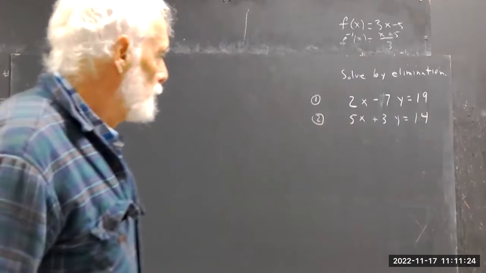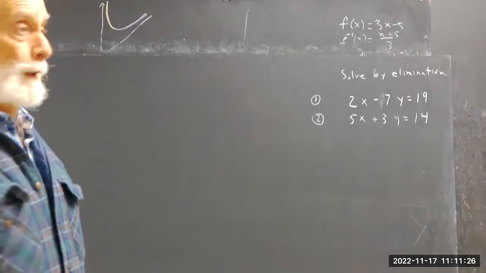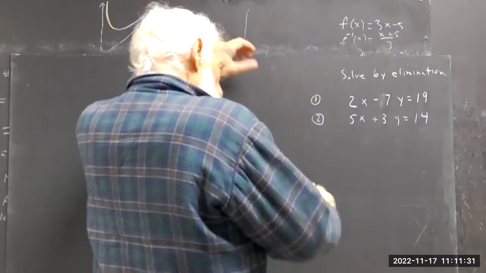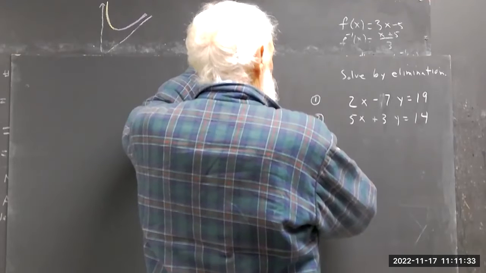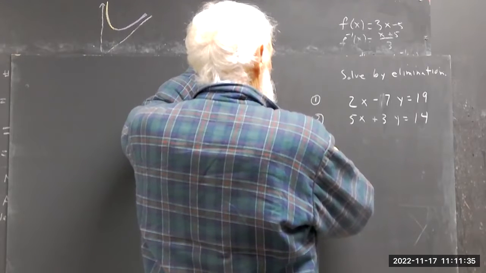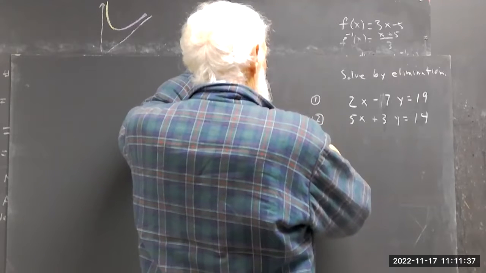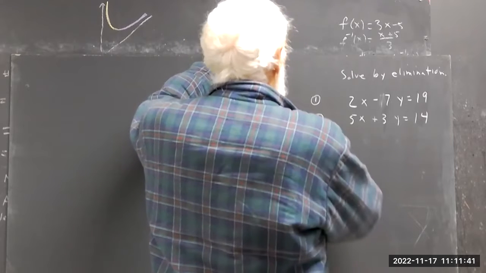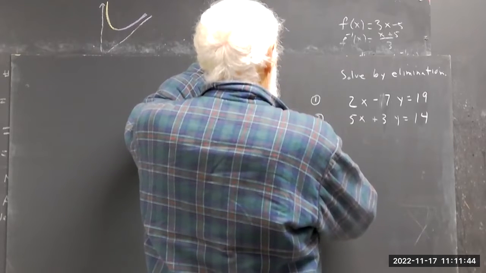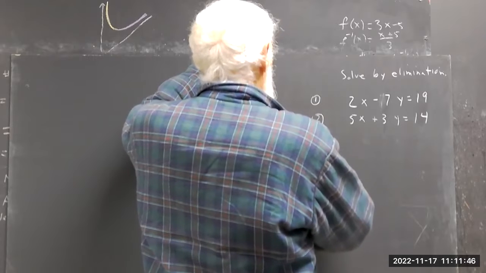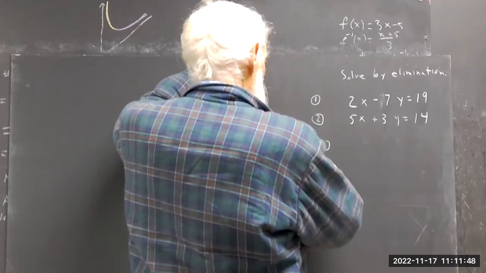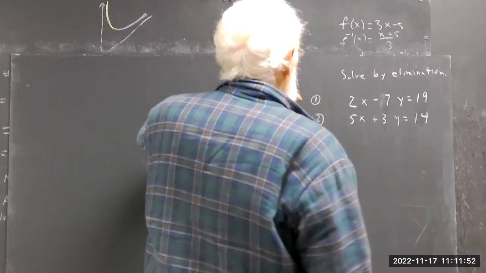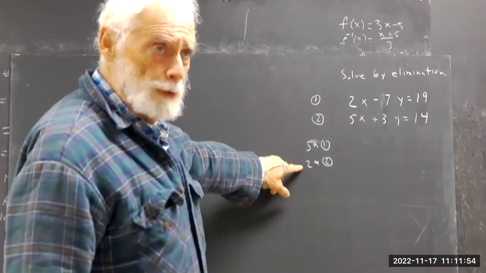Okay, so let's just say these are my two equations. I have to do something a little different than what we did, but remember, you understand what I'm doing here?